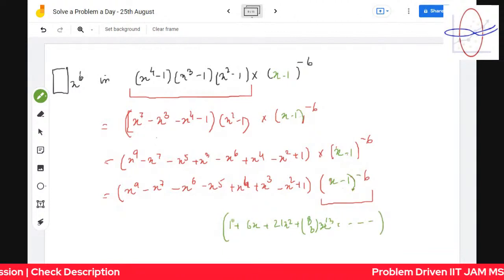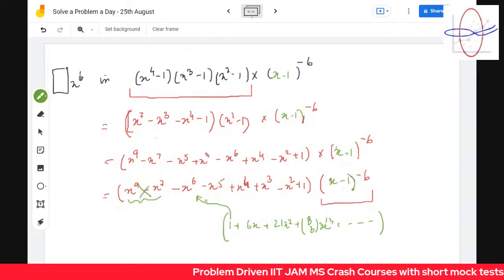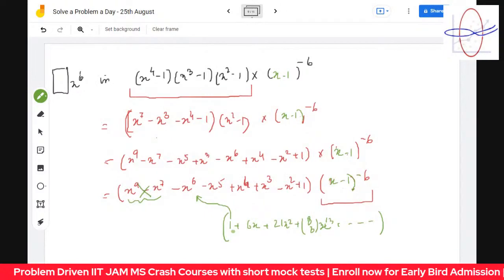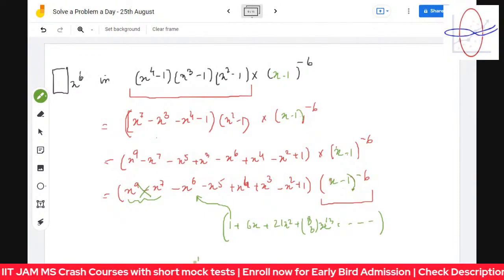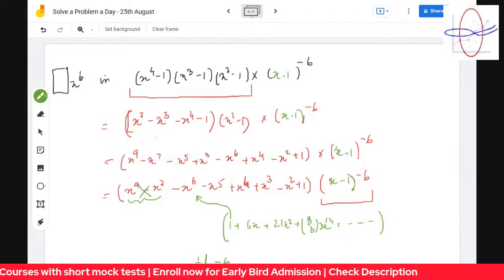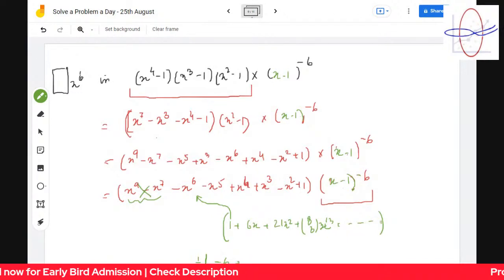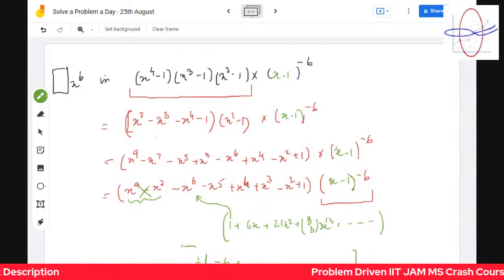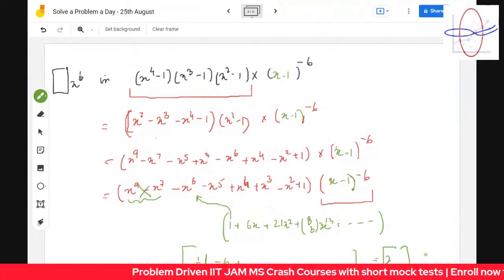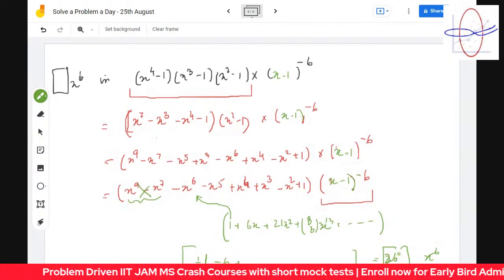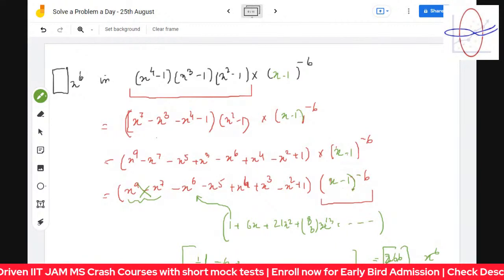These others are not important. You can add up all of this till the x to the power 6 coefficient to get the coefficient of x to the power 6. Using the same algorithm, you will find the coefficient of x to the power 6 turns out to be 266. So that's the end of the problem.